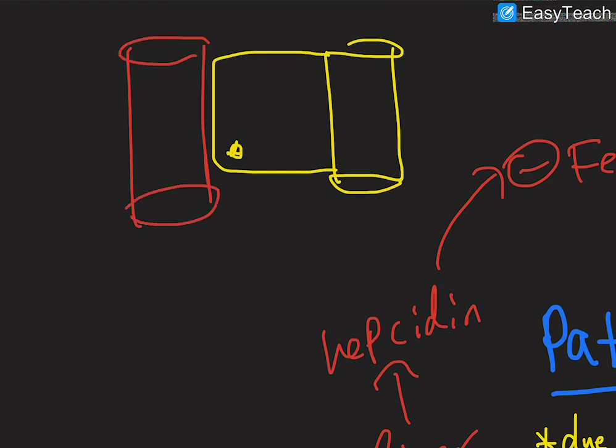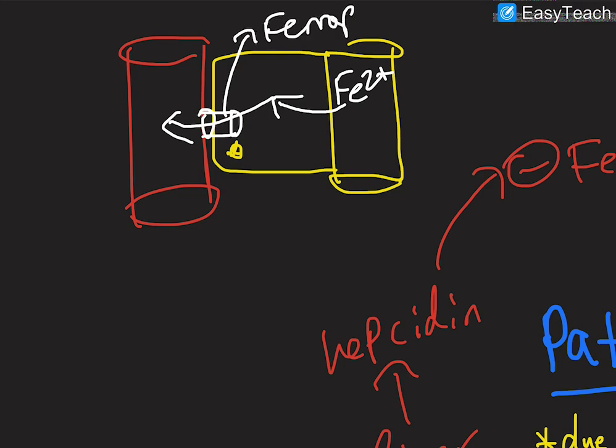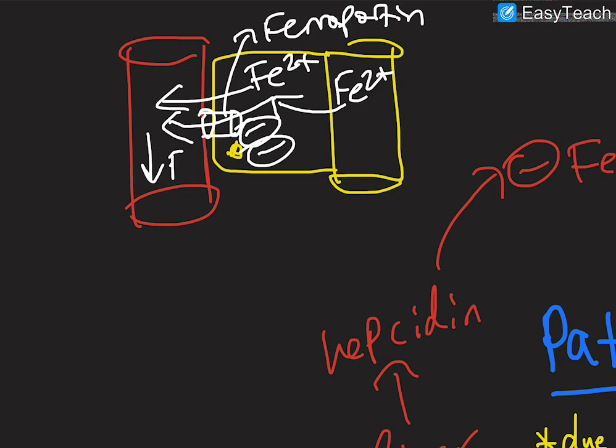When iron is ingested in the ferrous state, that iron is taken up via divalent metal transporters, like DMT1, for example. Then that iron goes from your enterocytes to your bloodstream via a channel called ferroportin. But if you have a lot of hepcidin, this channel is going to be heavily inhibited, which means you won't be able to get iron from your intestinal cells to your blood. So you're going to have a low serum iron.